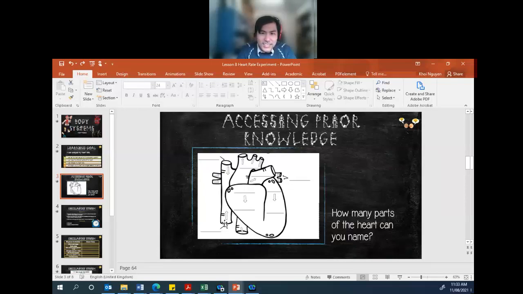Superior vena cava. Ria is just on fire today. Now it's left ventricle. Yes, the inferior vena cava. Right atrium. Mm-hmm.